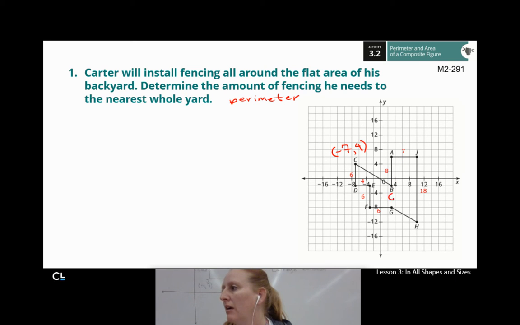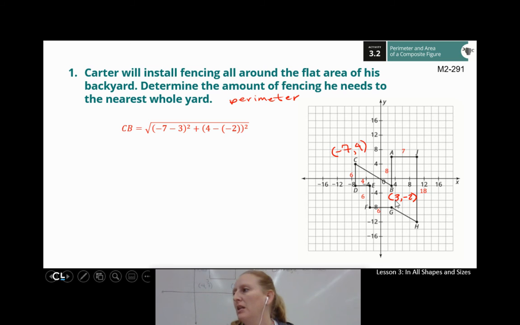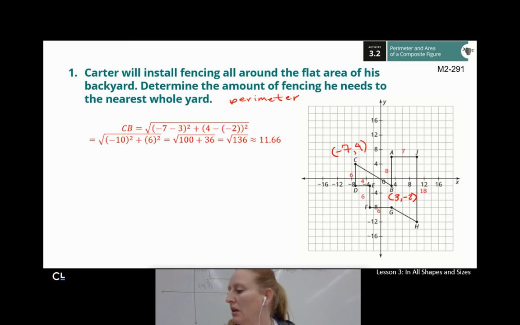So I'll subtract my x coordinates, -7 minus 3, subtract my y's, 4 minus a -2. This becomes -7 minus 3 is -10. This becomes 4 plus 2, which is 6. Square those, I get 136. The square root of that is about 11.66. So we just found out that this length is about 11.66, which isn't all that great, but it'll work.